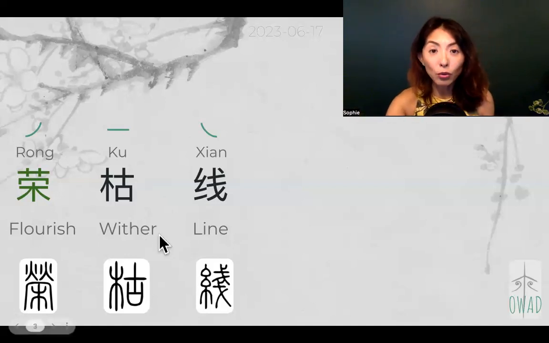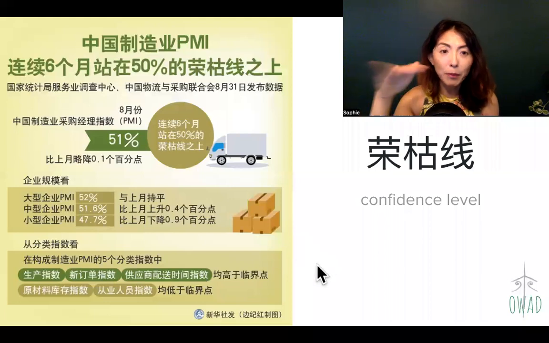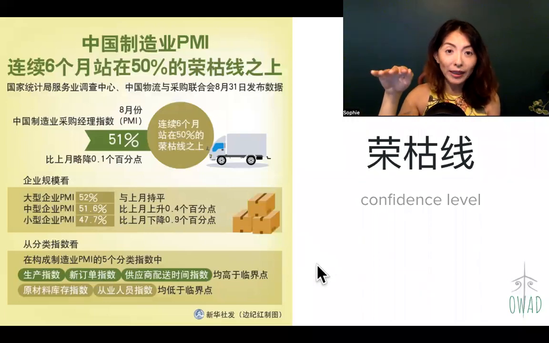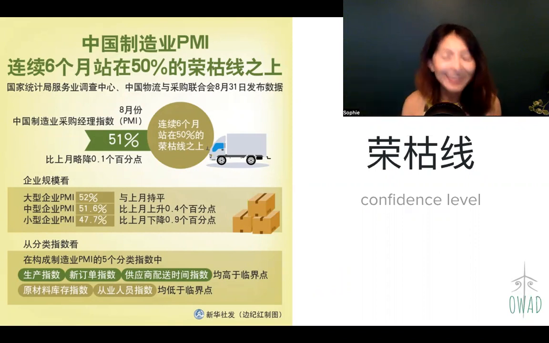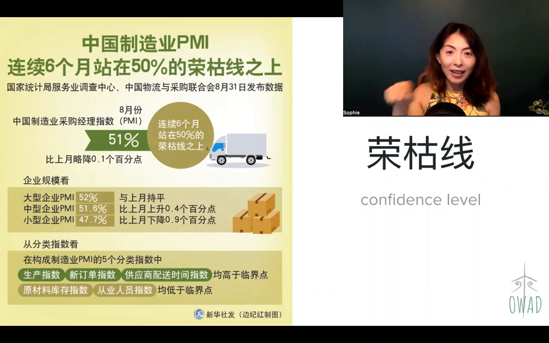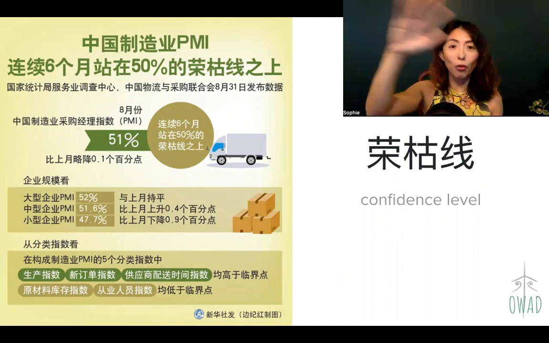So we have 荣枯线, which is simply the midpoint between. You can almost view it as an inflection point, right? So if it's a big arch, like in Euclidean space, and this side of the arch is growing, that's 荣, right?